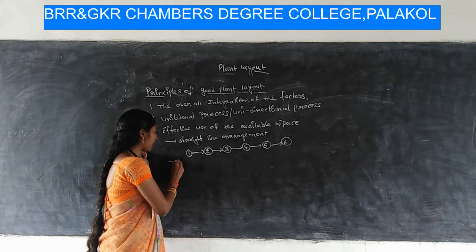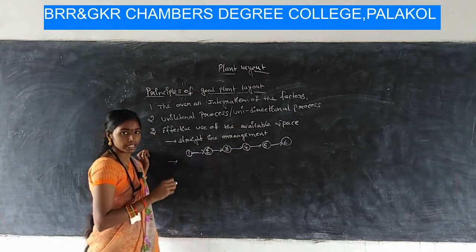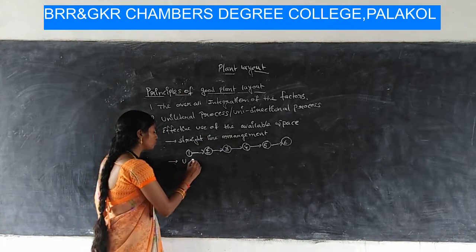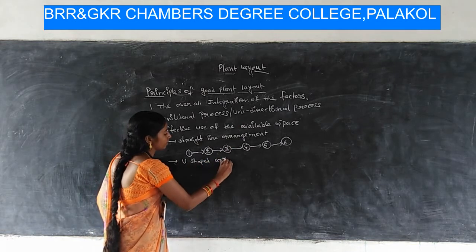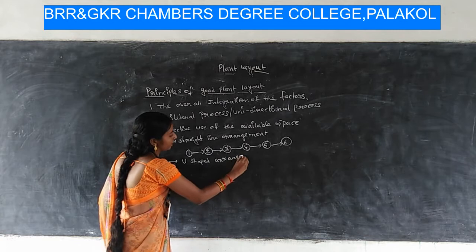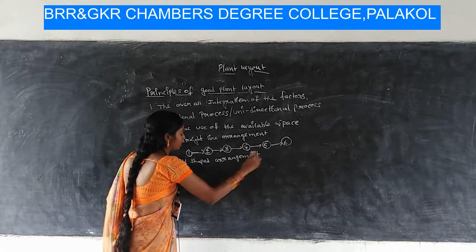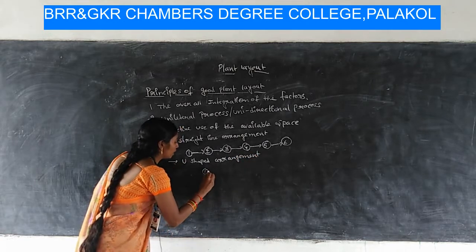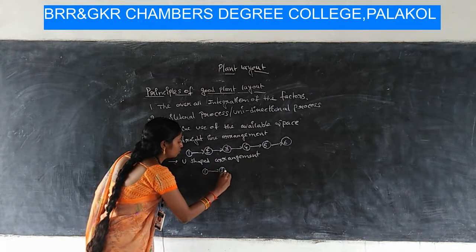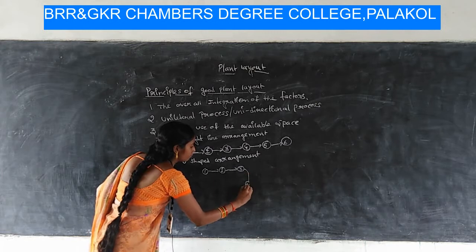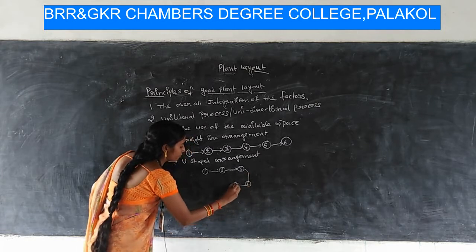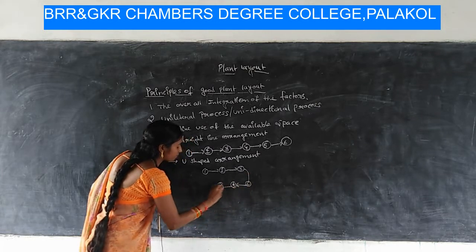And there is another type of arrangement, that is the U-shaped arrangement. It is 1, 2, 3, 4, 5 and 6.